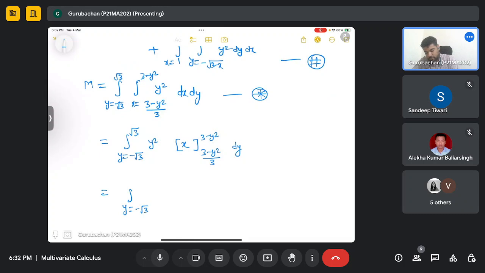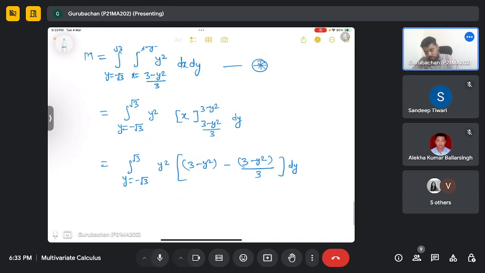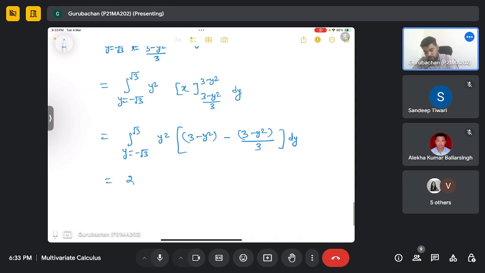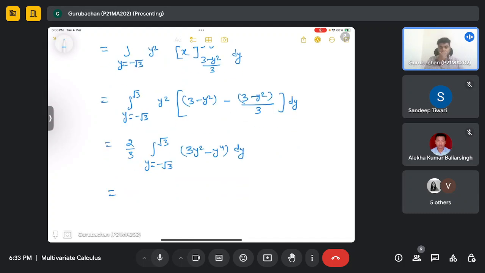Under root 3, 3 minus y square divided by 3 dy. So this will give us 2 by 3, from minus under root 3 to plus under root 3, of 3y square minus y to the power 4 dy. Now, shall I integrate it or first apply some rule of integration?